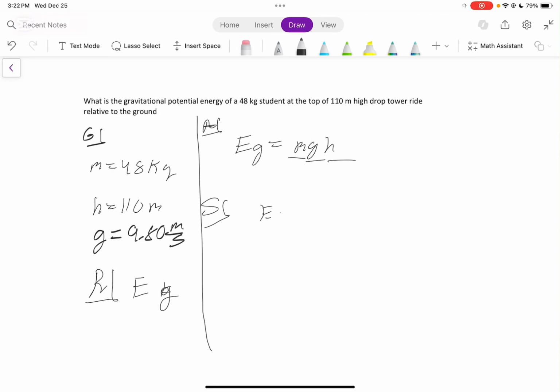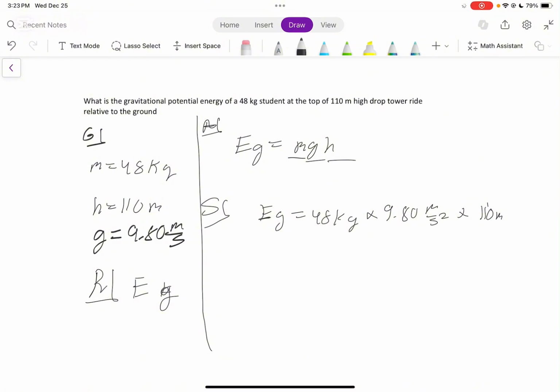Now we can go EG is equal to 48 kilograms times 9.80 meters per second squared times the height, which is 110 meters. And now we can just solve this.